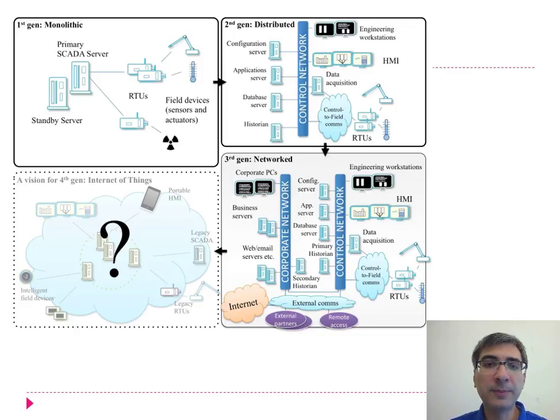Now, this is important from the security perspective. It's a significant aspect that the control network and the corporate network might have a nice set of security measures in order to prevent any kind of infection of malware, for example.